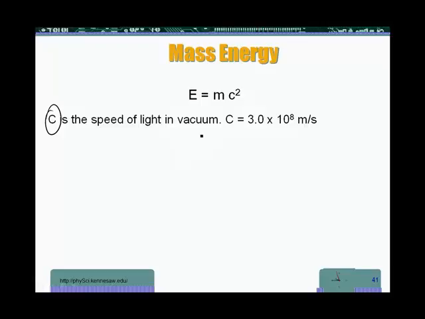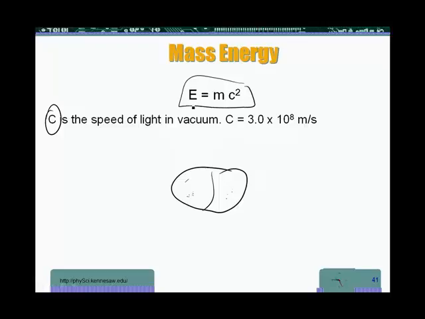In nuclear power plants, what happens? You have large atoms that break in what we call radioactive decay, and when we get them to break, some of the mass that was making up these big atoms is going to change into energy, and that's what we capture as heat and so on.